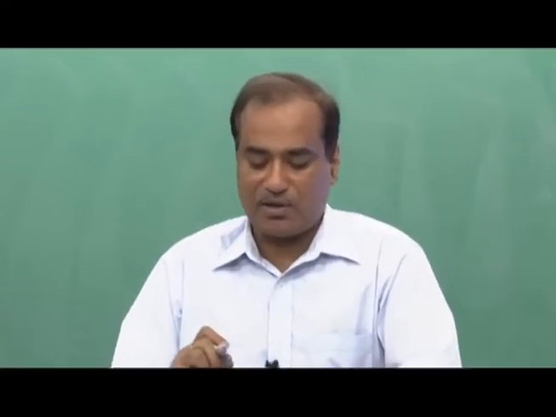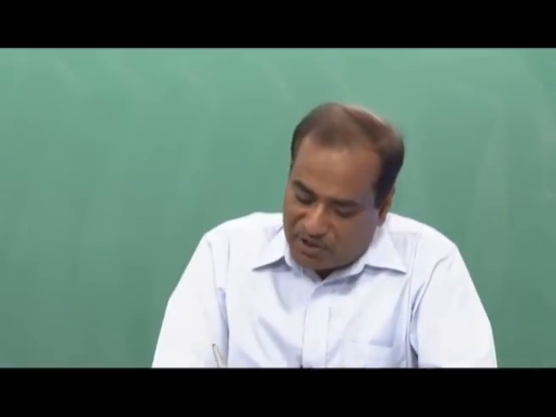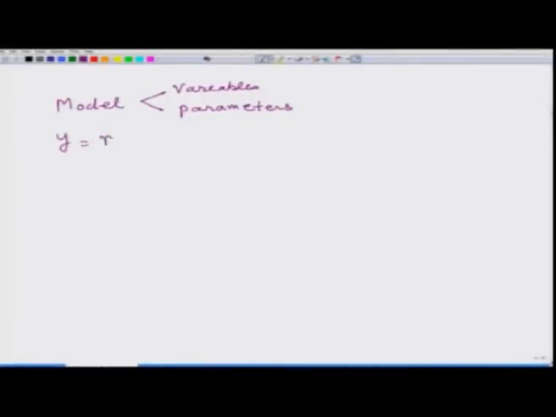You all have learnt this equation, possibly in class 10 or class 12: y equal to mx plus c. What is this? This is the equation of a line. Now, there are four components here: x, y, m and c. Let me try to group them into two groups: x, y and m, c.